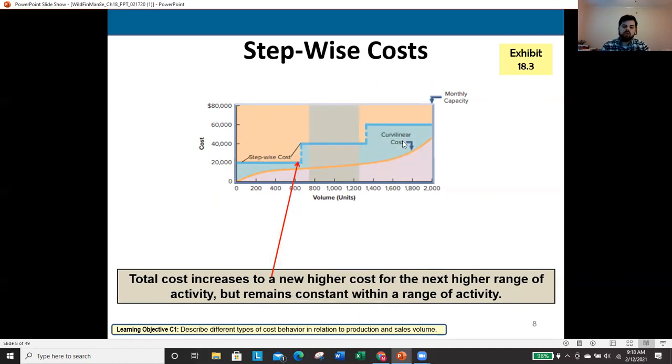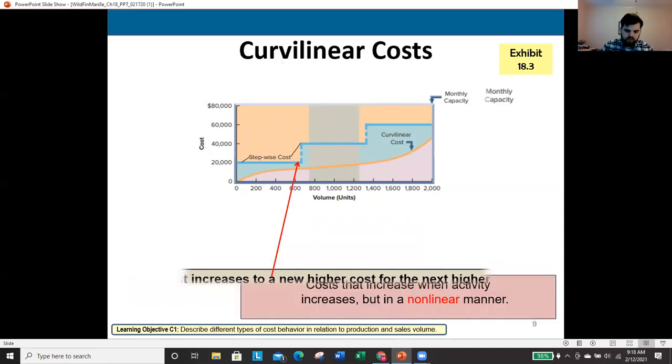So maybe for this first run to get up to, say, 700 units of production, I only need one production manager, whom I pay $20,000. But if I want to run a second production shift, I need a second production manager. So that I will bump by the full cost of another manager's pay, and that'll throw me into this new level until I need a third shift manager when I'll jump up again. And so this is the idea of a stepwise cost.